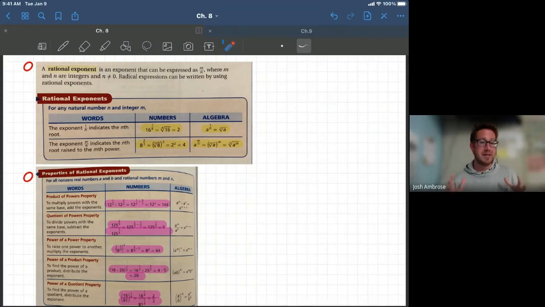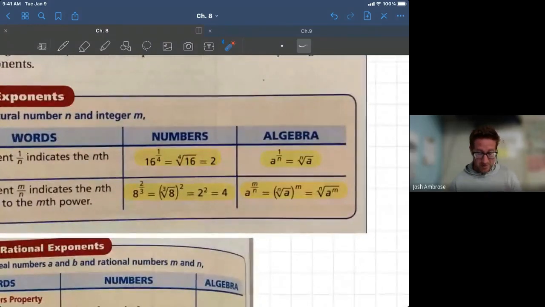Okay, but the key thing you have to pay close attention, let's zoom in on it, is the conversion between an exponent that is a fraction. So I'm talking about this right here. And then what that looks like if you convert it to be a radical. So the number you always start with is the denominator of the fractional exponent.